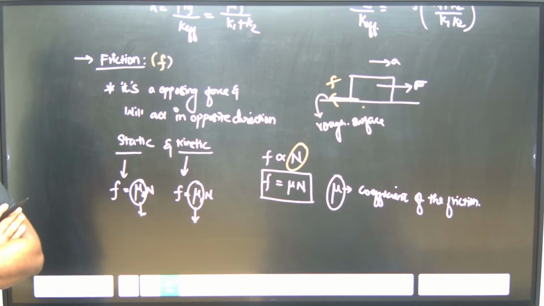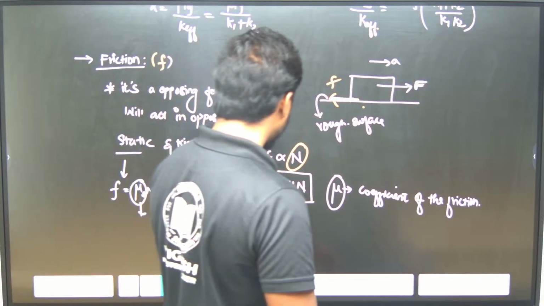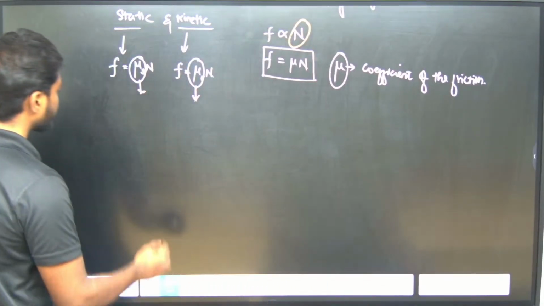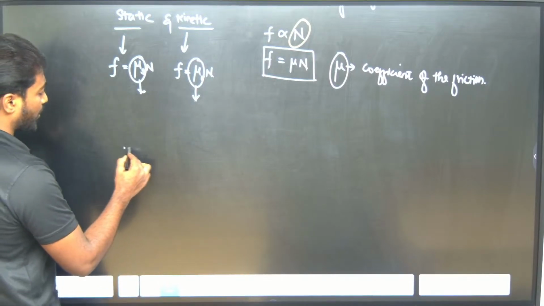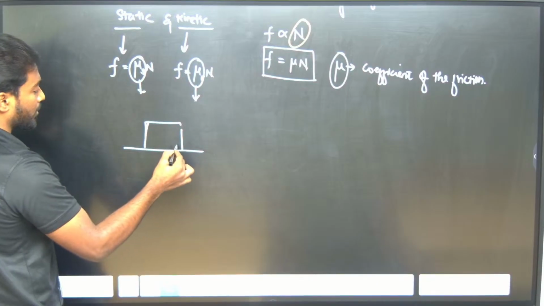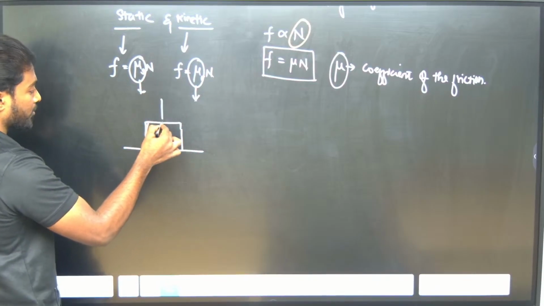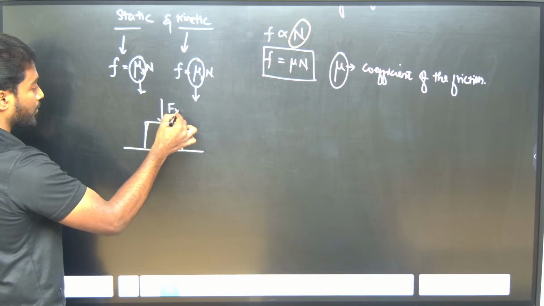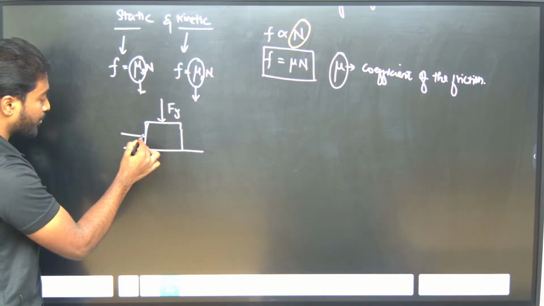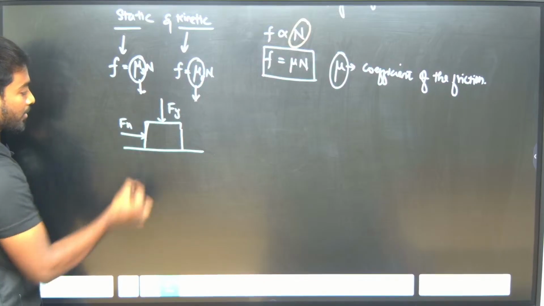Okay. So, the next one we are going to see is, suppose an object is there, and here a force has been applied, F y in the y direction, like the y axis, and here another force has been applied, this is F x.